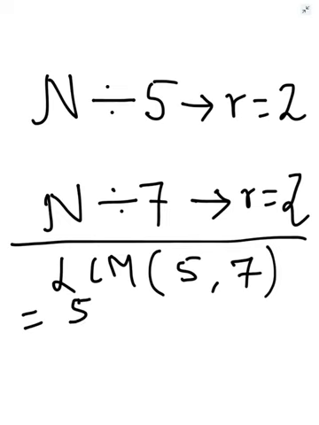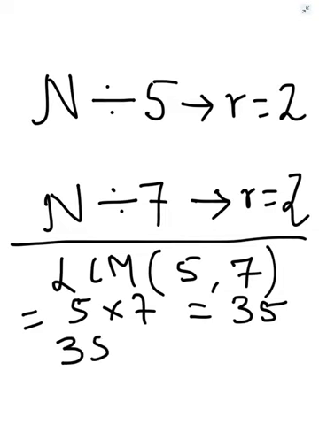So that is 5 into 7, 35. Now I will add the remainder 2 because the remainder is same, 2 in each case. So 35 plus 2, 37.